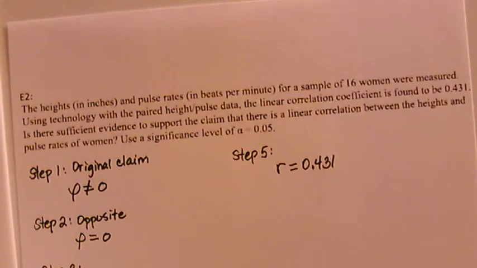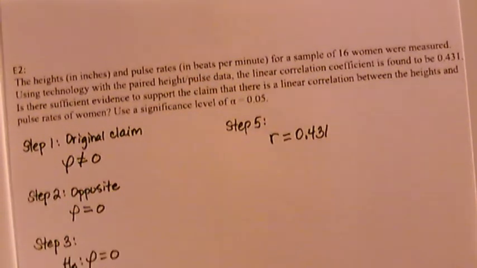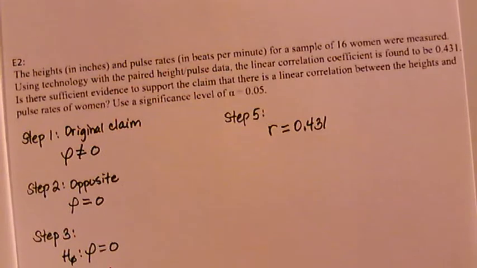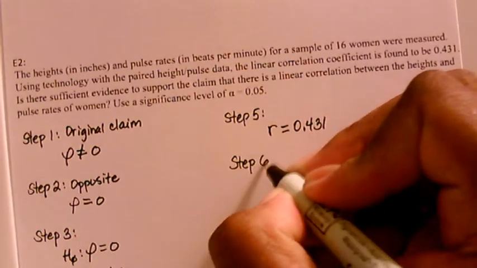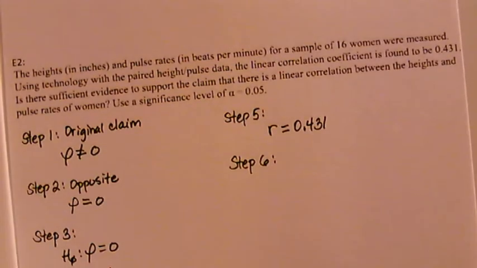For you to use that formula, you have to be given sample data. In this case, you're already given the linear correlation coefficient. Now step number 6, we're going to have to use the critical value method because we don't have the sample data.